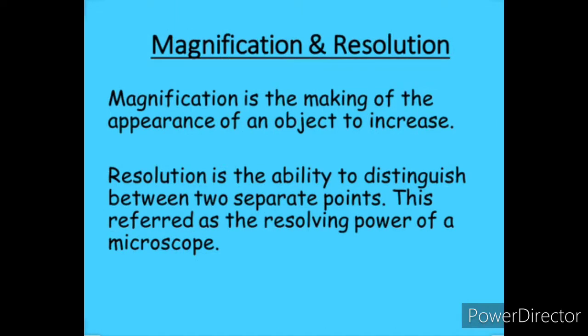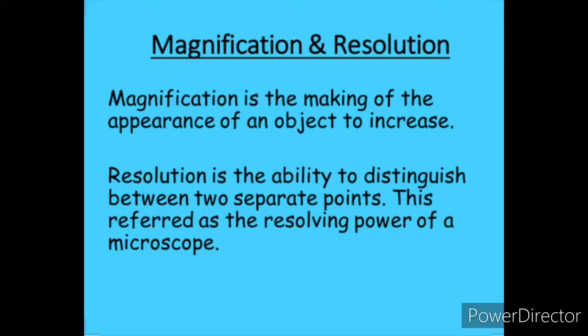As we said before, for a microscope to be useful, it must combine two important properties, magnification and resolution. We already talked about magnification. Let us talk about resolution now. What do we mean by resolution? Resolution is the degree to which two separate structures that are close together can be distinguished.